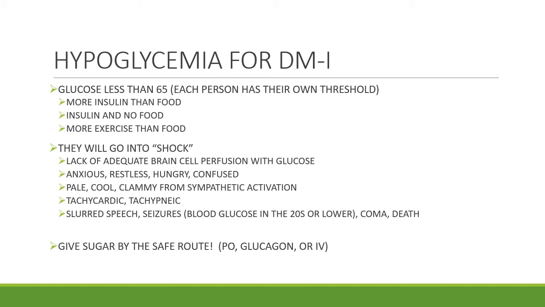You can give IM glucagon if you don't have IV access and they can't swallow, or you can give IV dextrose. And the dextrose of choice would be D10, and give a 250 milliliter bolus of D10, which is the same amount of glucose as an amp of D50, but you don't have the same risk as a D50 for cerebral edema.